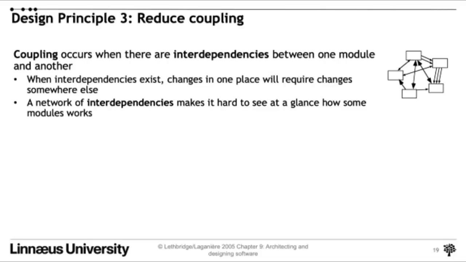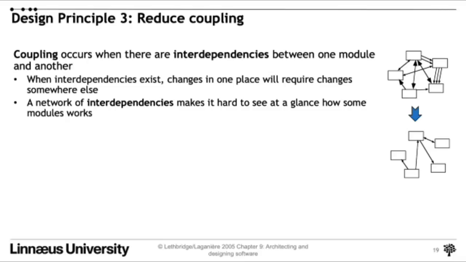So what we want is low coupling, as few dependencies as possible. Here these squares can be single classes, but can also be packages.